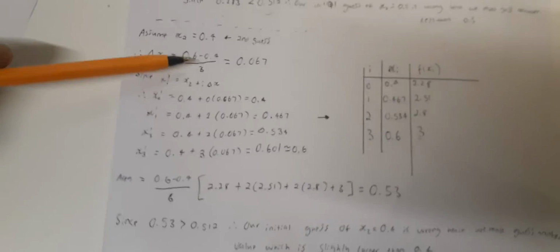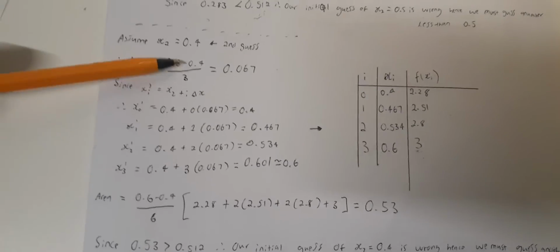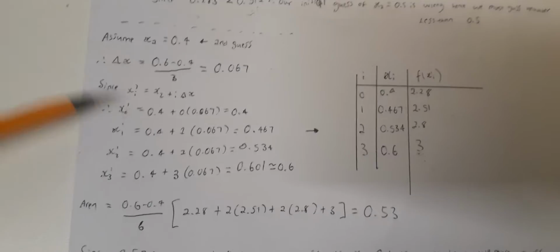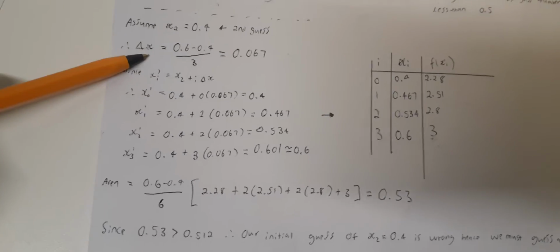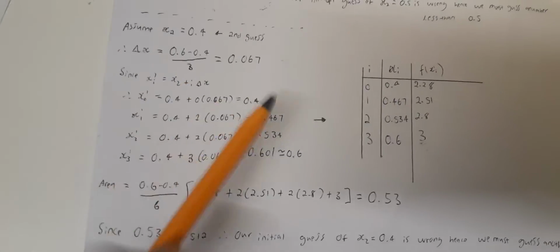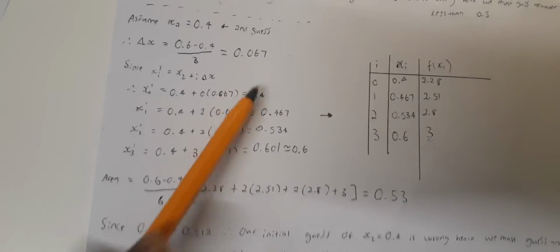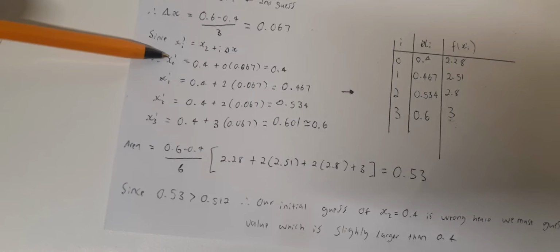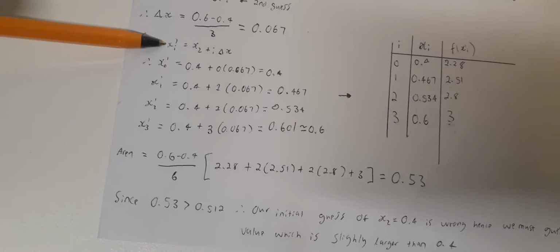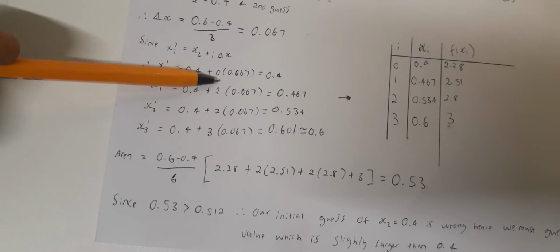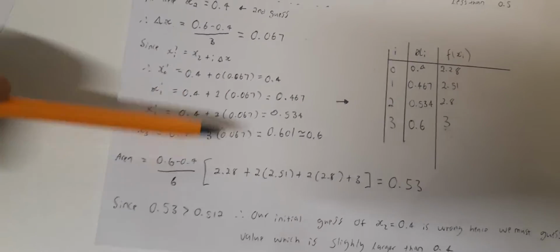So guessing 0.4 as our second guess, we do the preliminary steps where we find delta x first, and we found it to be 0.67. Then we found x0 prime up to x3 prime using this equation by just changing the i values from 0 to 3.